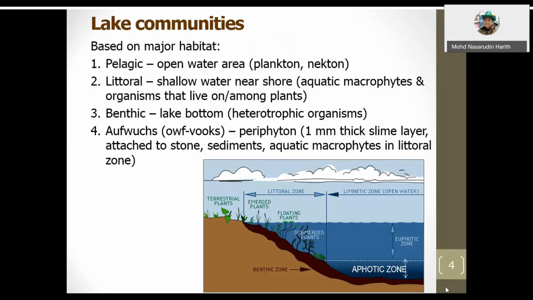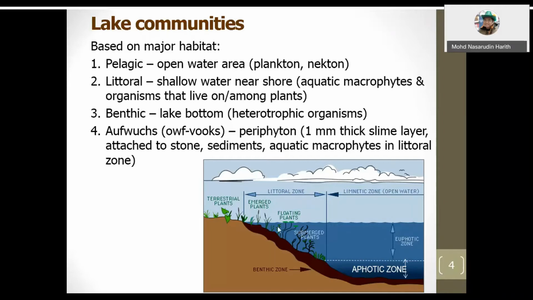The lake communities are based on major habitat. In this slide, there are four habitats that might have different communities. Number one is the pelagic zone. Pelagic zone is here. It's an open water area that usually consists of plankton or nekton. The littoral zone is a shallow water near shore, which is usually inhabited by aquatic macrophytes and organisms that live on or among plants.